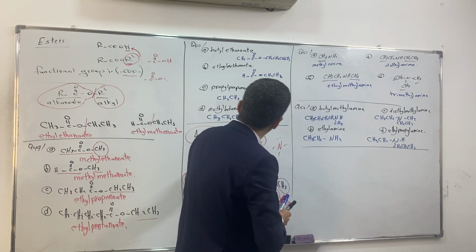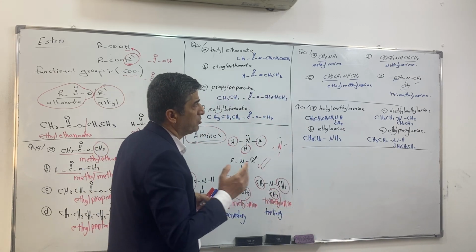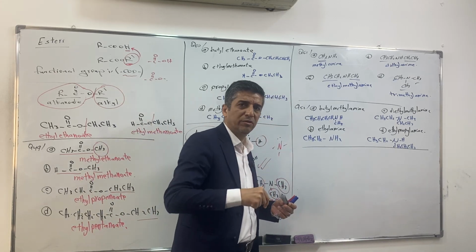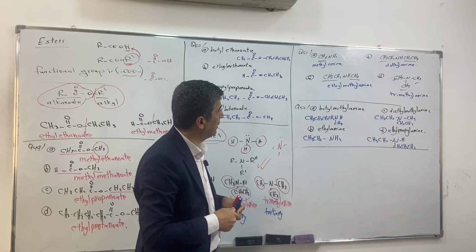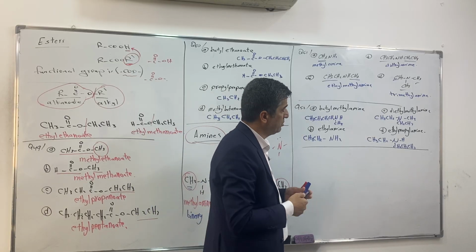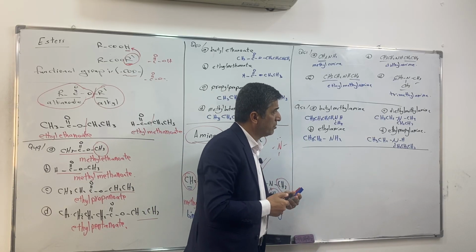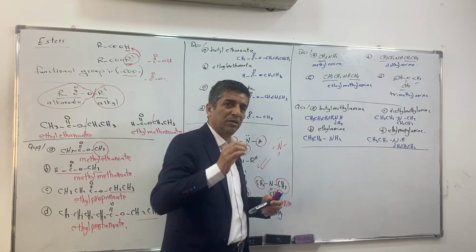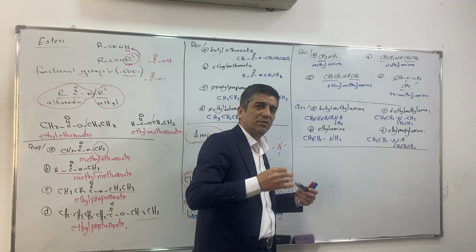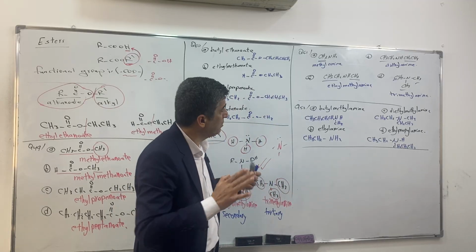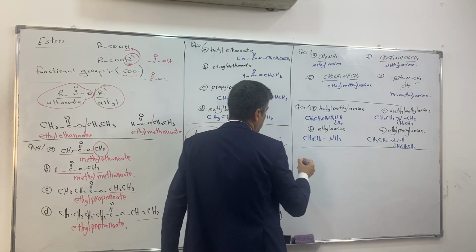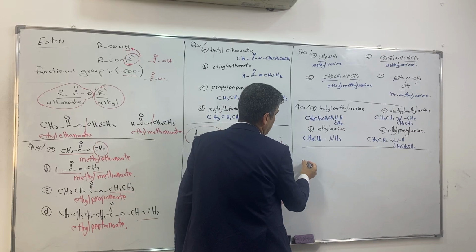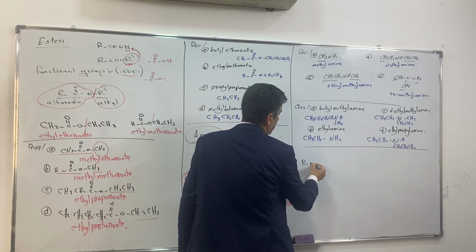The property of an amine depends on the nitrogen in the amine, which contains an unshared pair of electrons. Therefore, it acts as a weak base in reactions. Remember that amines are always weak bases in reactions. For example, we have this general reaction of an amine.